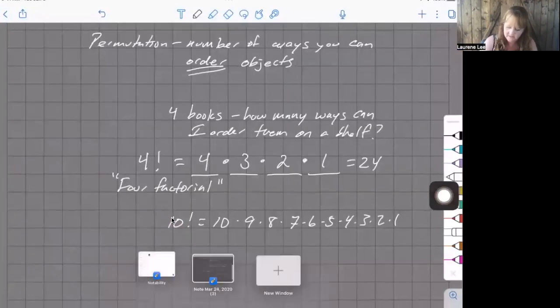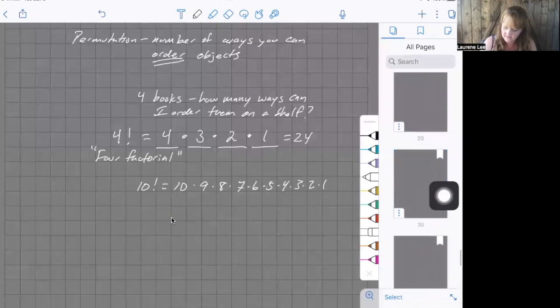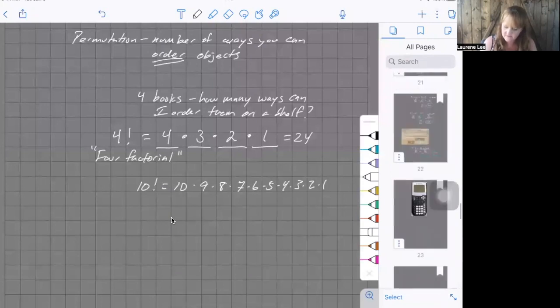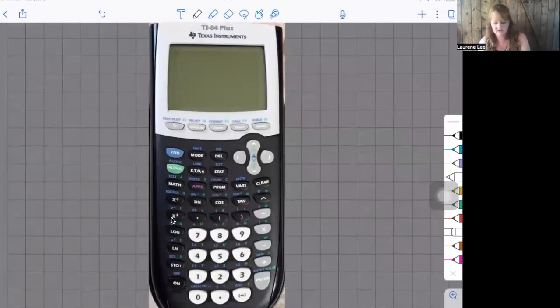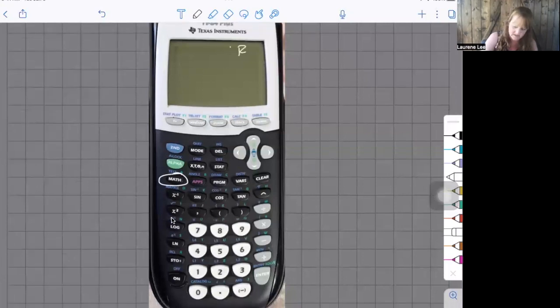On the TI, sorry, I lost my calculator here. There it is. You're going into math right here, not stat. And over to the far right-hand side where it says PRB, that stands for probability.